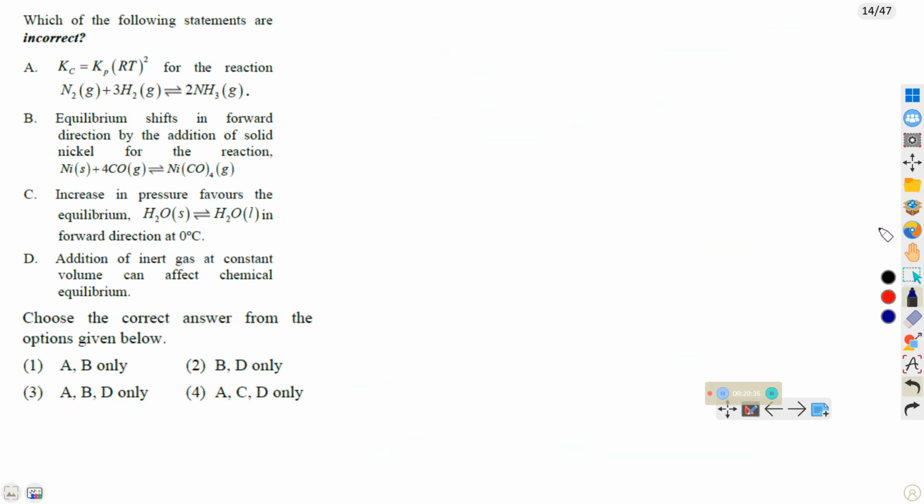Which of the following statements are incorrect? The relation between Kp and Kc is Kp is equal to Kc (RT) power delta n, but here it starts with Kc. So Kc is equal to Kp by (RT) power delta n. First calculate delta n value. Delta n is equal to np minus nr.